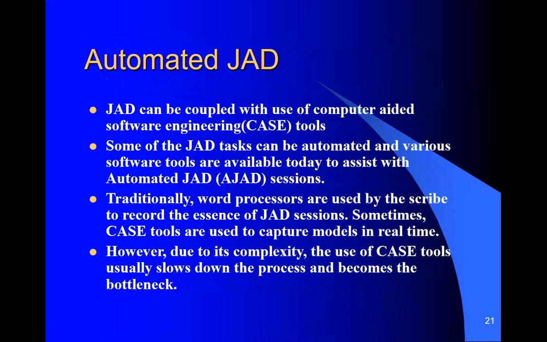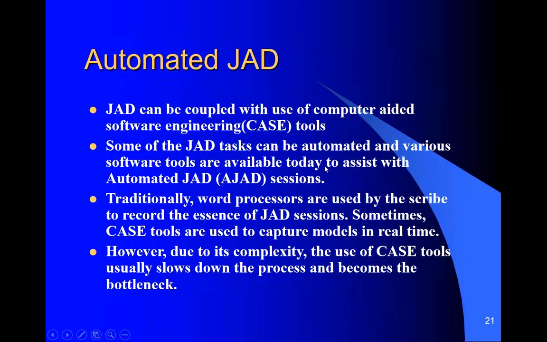Automated JAD. JAD can be used with computer-aided software engineering tools. For example, you might have heard of computer-aided design and computer-aided manufacturing. Such technologies can be used to facilitate and enhance the development experience.